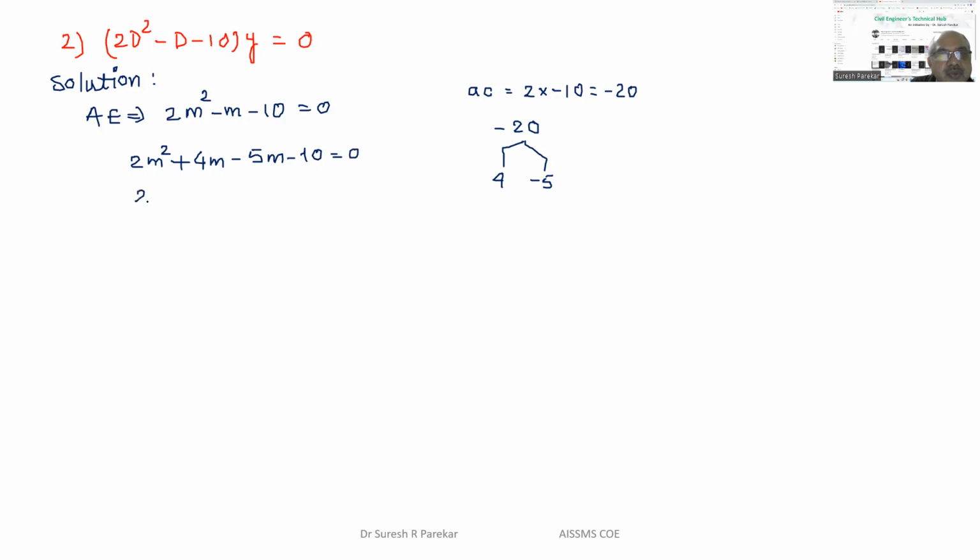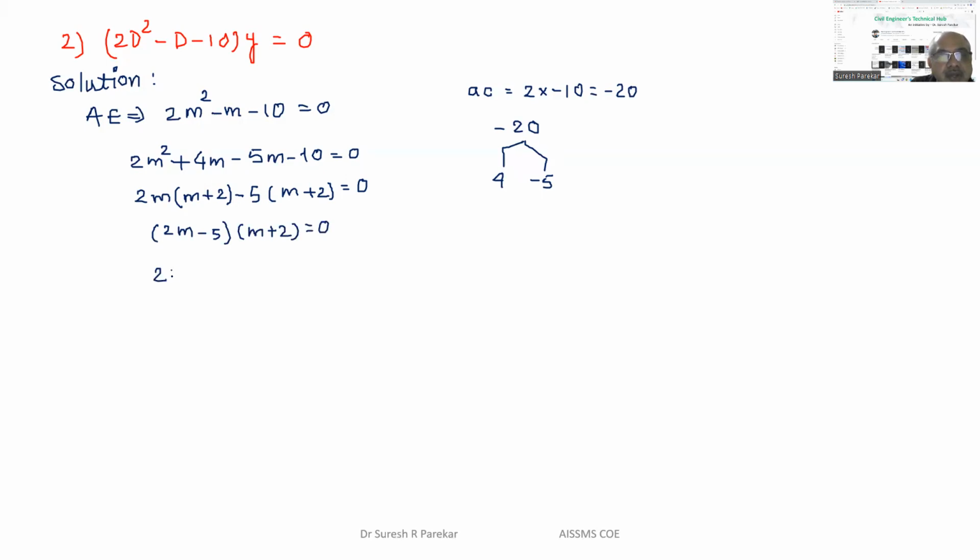Now we can take 2m common from this. We will get m + 2. Now −5 we can take outside. We have m + 2, and that is equal to 0. And from this we will get (2m − 5)(m + 2) = 0.